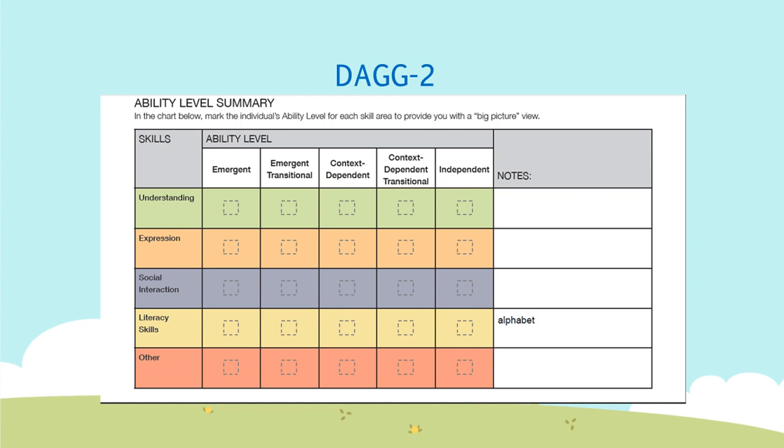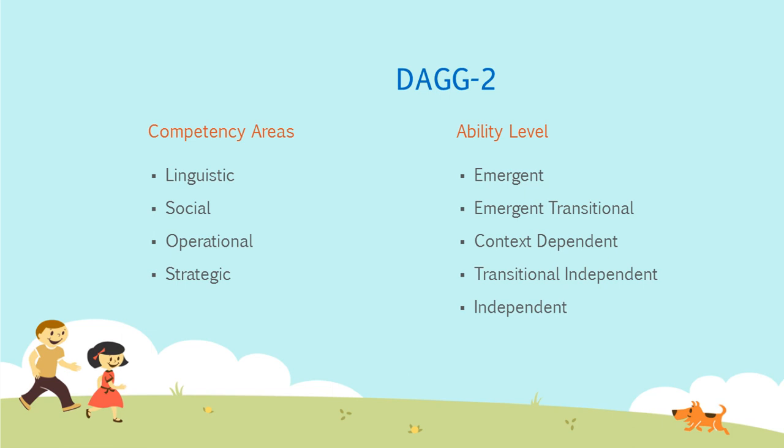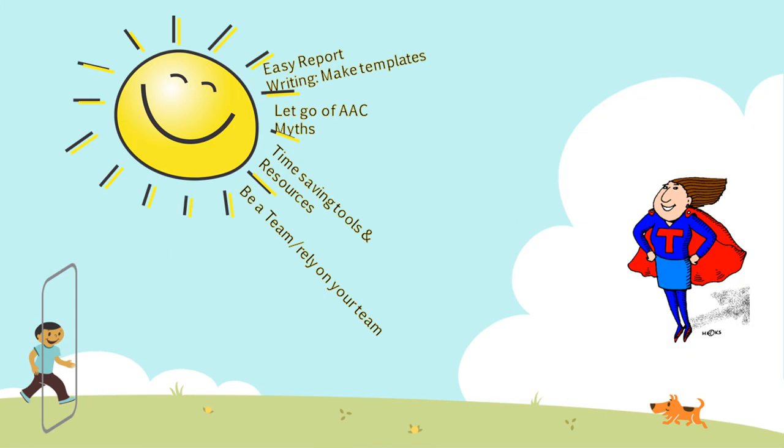So when you're looking at areas, it's linguistic, social, operational, and strategic. Operational and strategic are hard to write goals for, but really easy to do with these tools. So everyone will get a copy of the DAG.